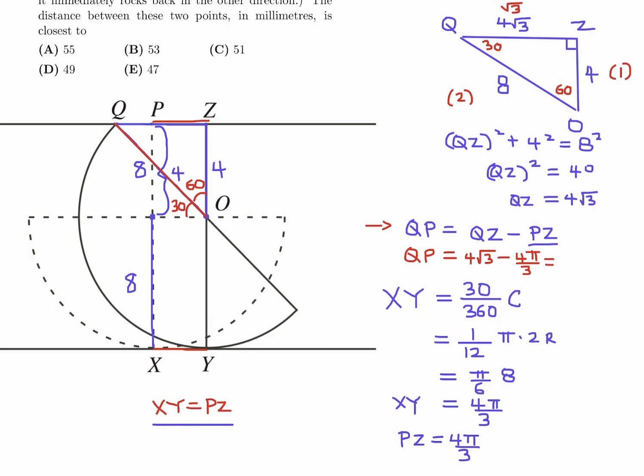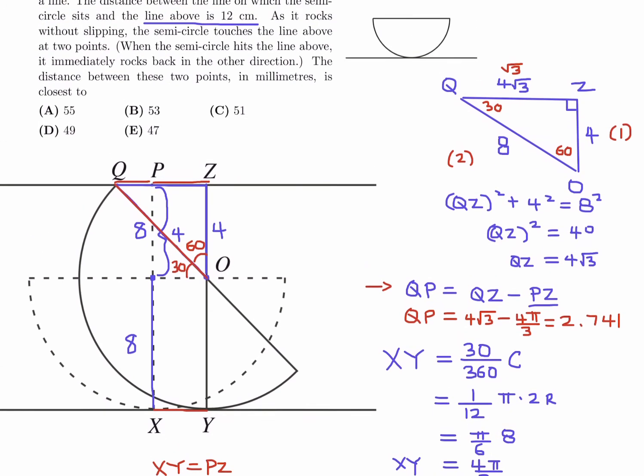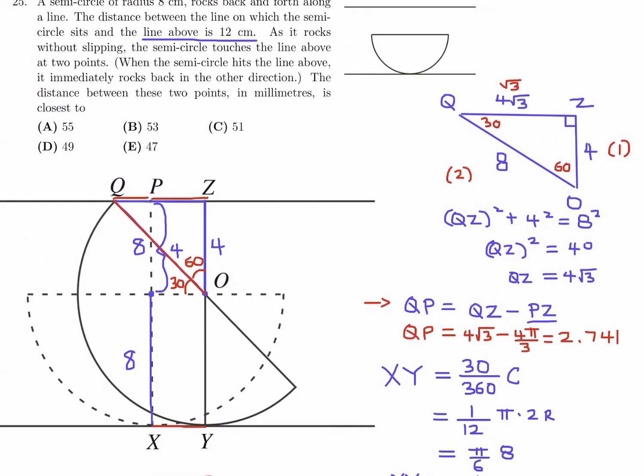And if you take out your calculator and you get an exact value in decimals, you will get 2.741 approximately. Now remember, QP is only half of the distance we are looking for, because if you go back to the question, you'll see that when this semicircle rocks back and forth, it will touch the top line at 2 points.